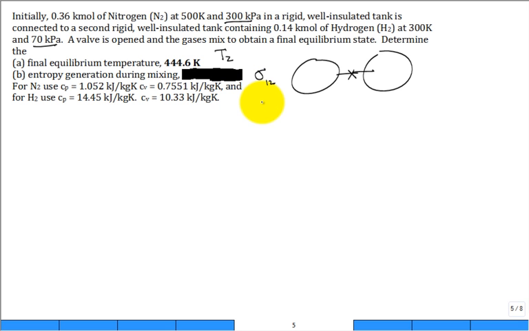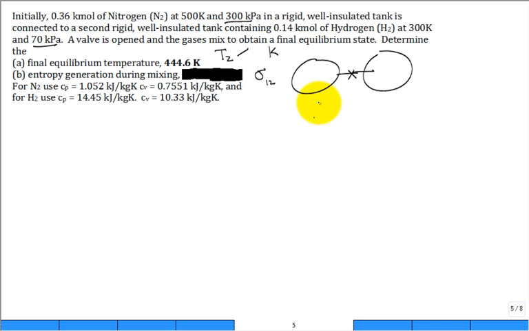Clicker question. I like to do this. I like to think of what are the typical SI units on T, right? Somebody says Kelvin. No clicker question there. But what are the typical SI units on sigma, either with or without the subscript 1 to 2? So it's the amount of entropy generated during the mixing process.